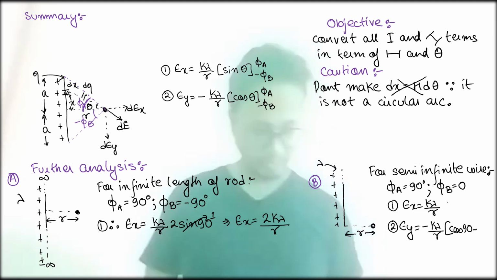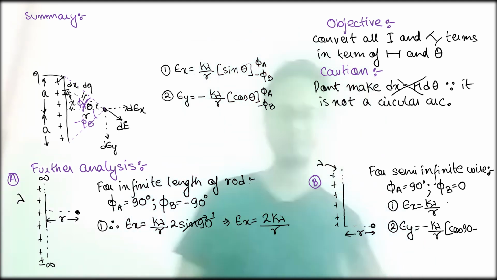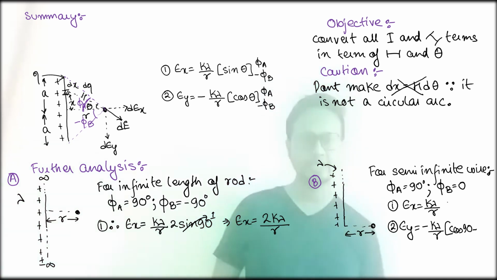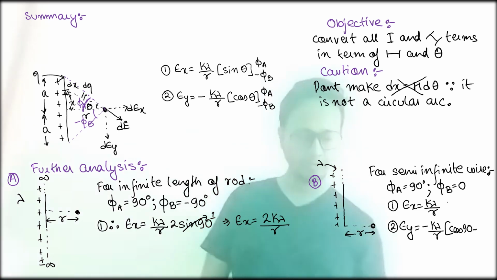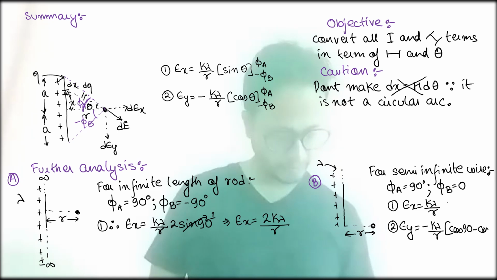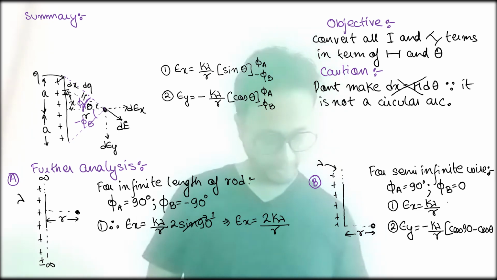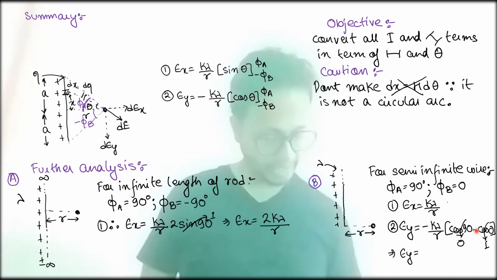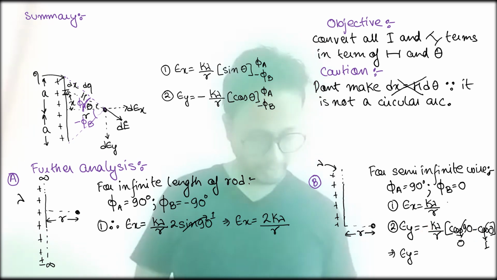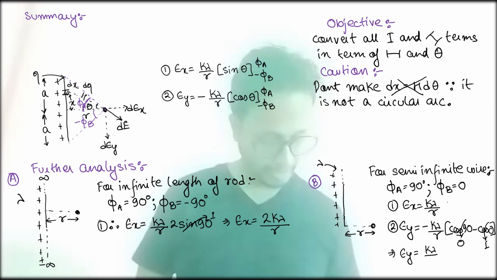Cos 90 minus cos 0. Cos 90 is nothing but 0, and cos 0 is nothing but 1. So minus of cos 0, this minus and this minus cancel out each other. So it would be k lambda by r.